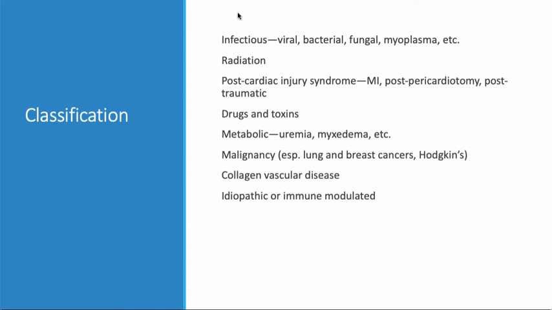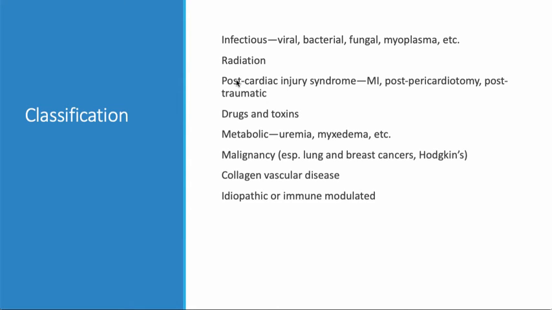Okay? You can have pericarditis, or this inflammation of the pericardial sac, for a variety of reasons. Rarely we get it infectious with viral or bacterial or other types of infection. Radiation can lead to pericarditis.